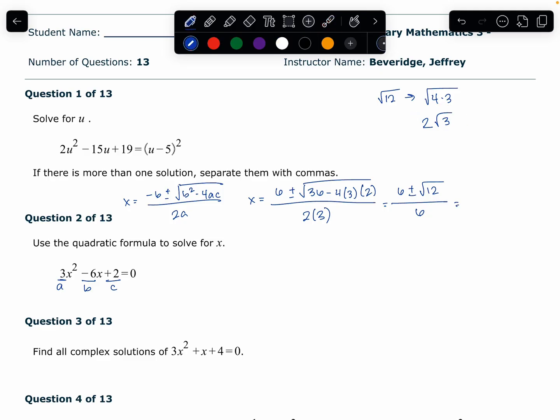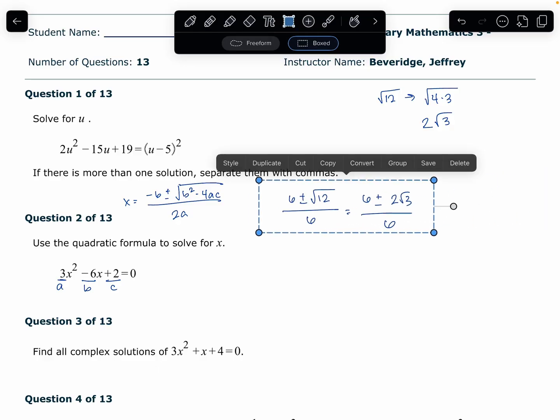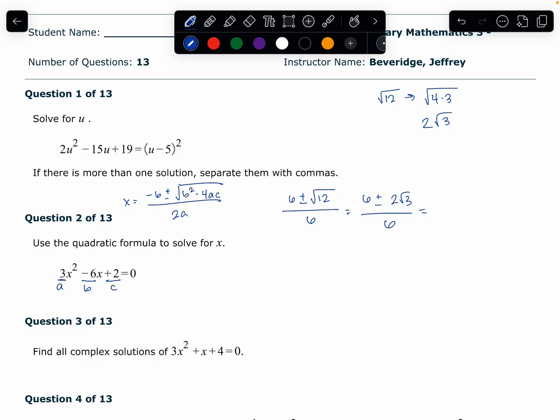So then I get 6 plus or minus 2 square root of 3 all over 6. And last but not least, what you're going to have to do is simplify this even further. So not quite done yet. To simplify this part right here, we're going to take the 6 on the numerator, divide it by the 6 on the denominator, plus or minus 2 root 3 on the numerator, and divide it by 6 on the denominator.